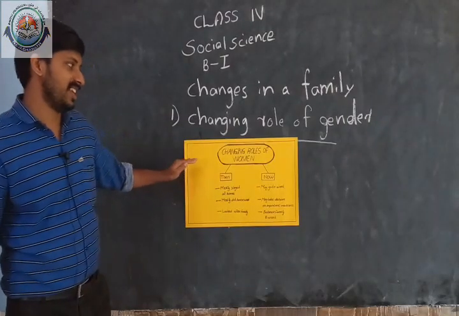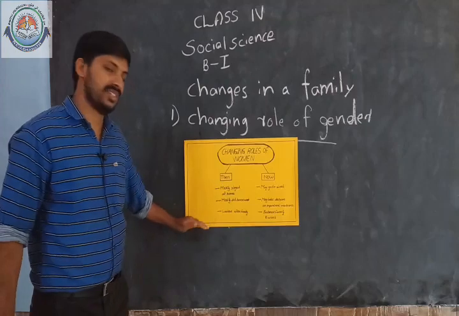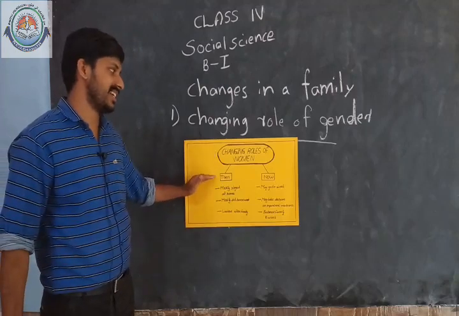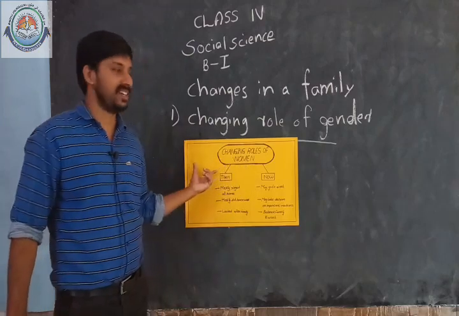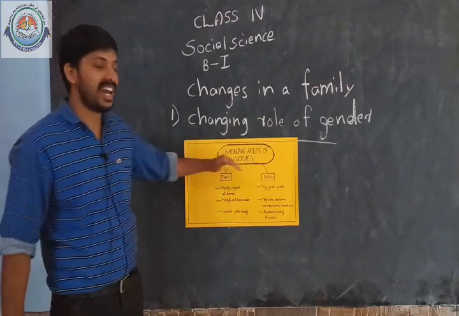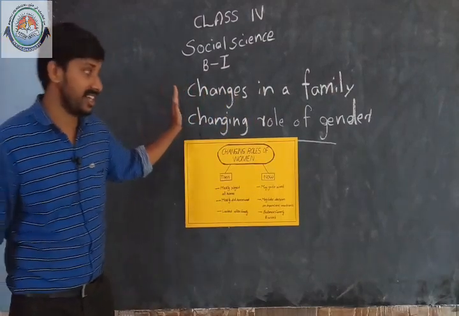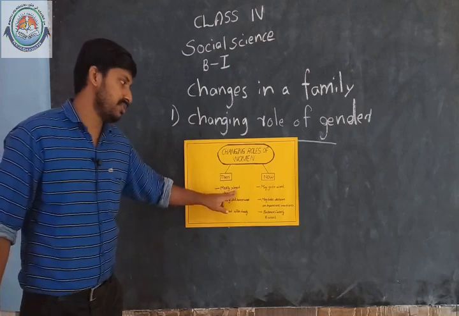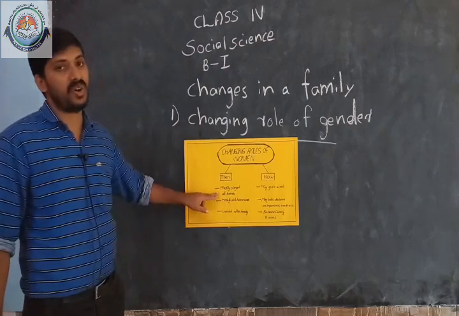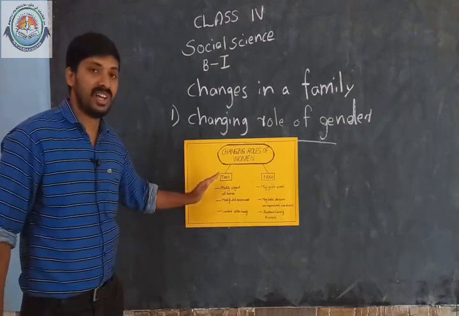Then look at this chart. By analyzing these points, we can understand the changes in the roles of women earlier and now, and we can connect that story also. Earlier, most of the women stayed at home. They only stayed at home, did not go out, had no education.